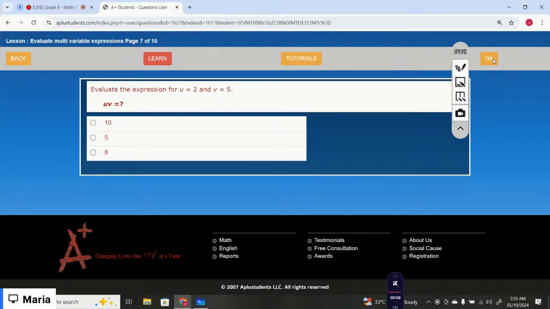Evaluate the expression for u equals 2 and v equals 5. So which is the correct option?